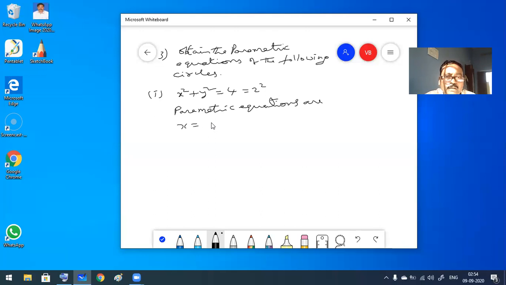X is equal to minus g plus r cos theta and y is equal to minus f plus r sin theta. Okay. So here center given.